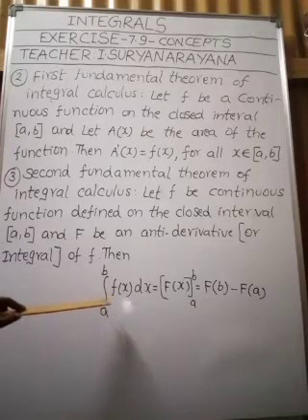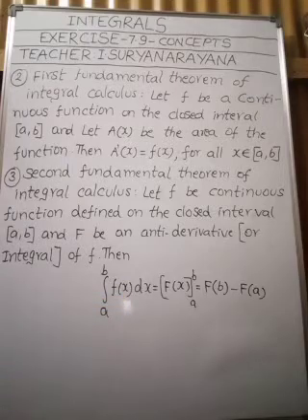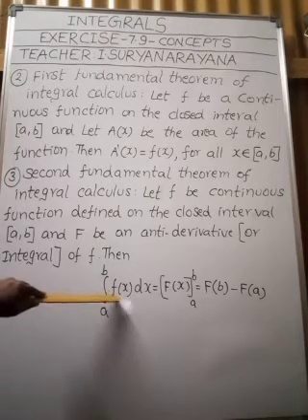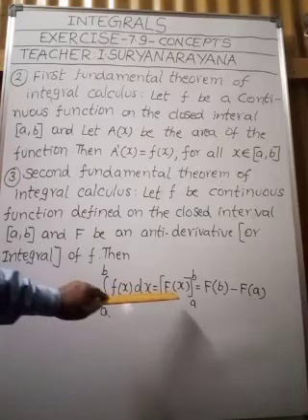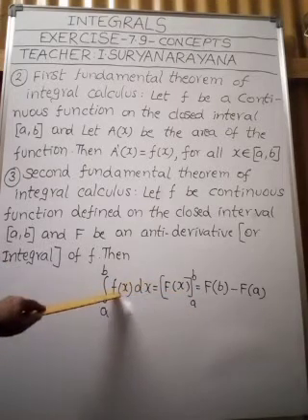First of all, we have to find the integral of this function by using an appropriate method. We have learned so many methods to evaluate the integral of a given function. So by using an appropriate method, we find the integral of this function; let us say it is F(x).